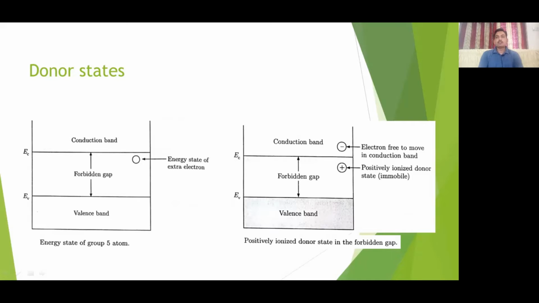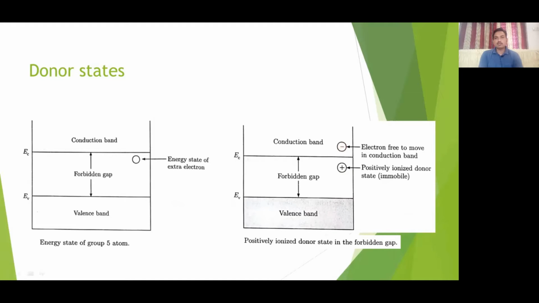So what actually happens is that the electron jumps from its position. If you focus on figure B, the ionized case, this unpaired electron left its atom, and what remains behind is a positively ionized donor state, or you can say a hole, a deficiency of electron, and this electron jumps to the conduction band.